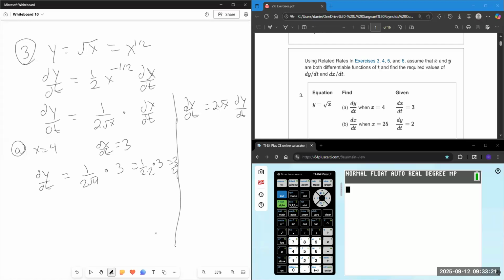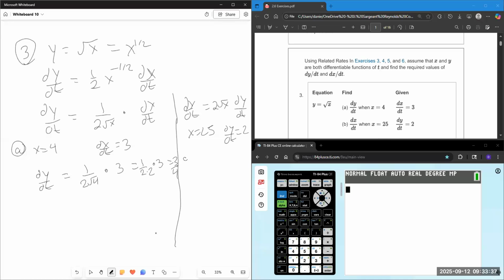For part B, we're given that dx/dt is what we want to find. So x equals 25 and dy/dt is equal to 2.